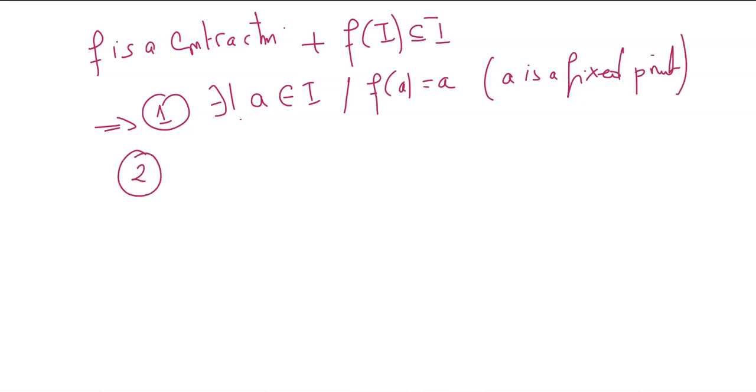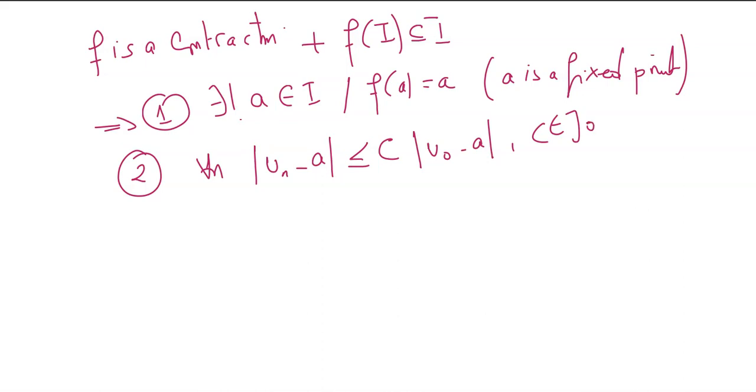Second, whatever n is, the absolute value of un minus a is less than c times the absolute value of u0 minus a, and here c belongs to 0, 1. And the third point is that the limit of un when n reaches plus infinity equals a.